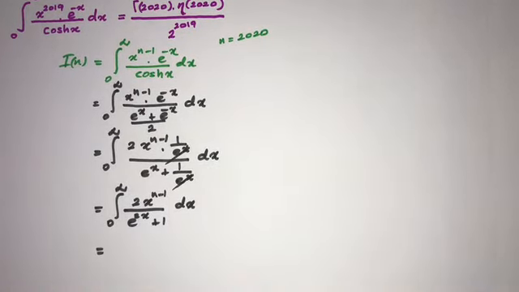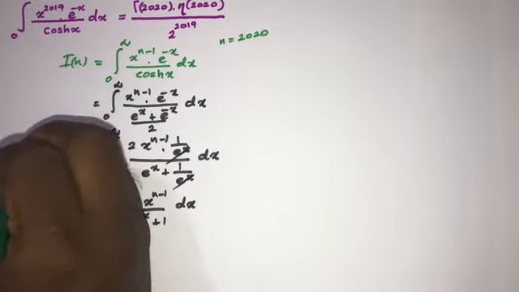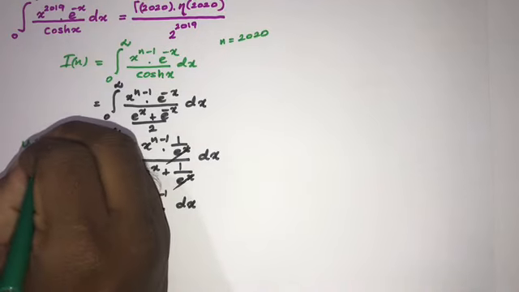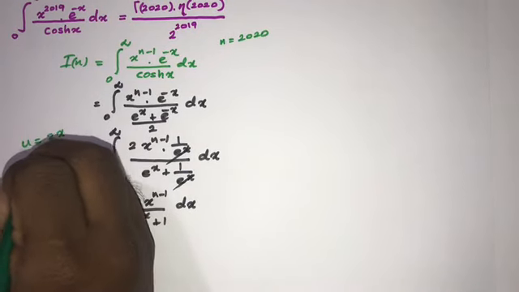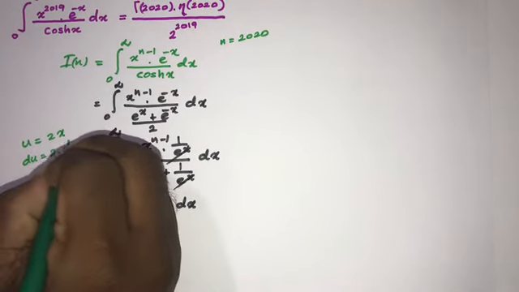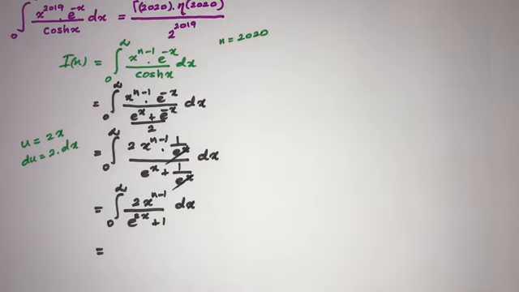Now we can use a substitution. If we take u equal to 2 times x, then du is equal to 2 times dx, and the limits are still 0 to infinity.